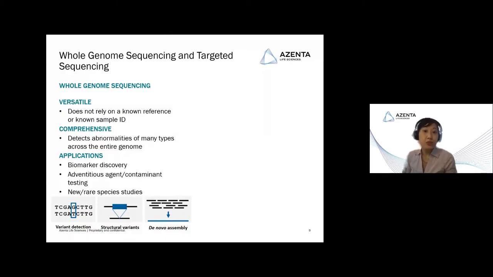Appropriate applications would be anything that requires that discovery element, or where a reference sequence isn't available or incomplete, such as a biomarker discovery experiment, if you're doing contamination testing of products, or any type of novel organism study. Small genomes could also benefit from using whole genome since it doesn't really require a lot of data.